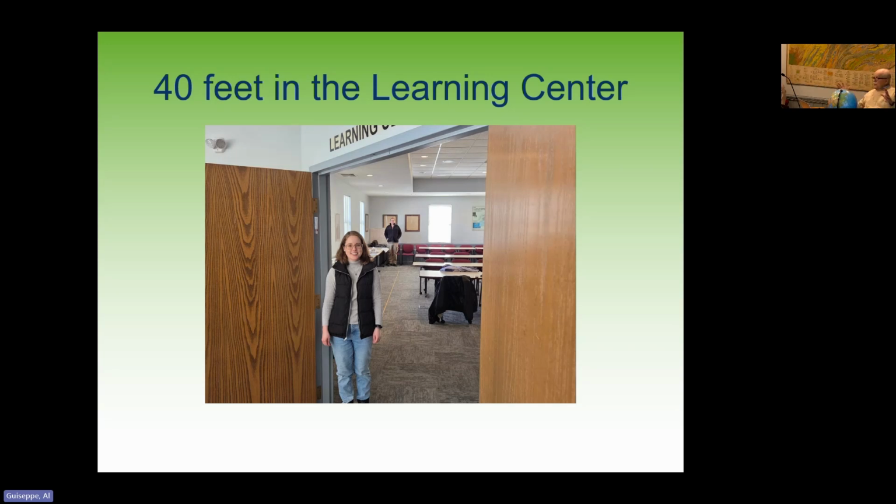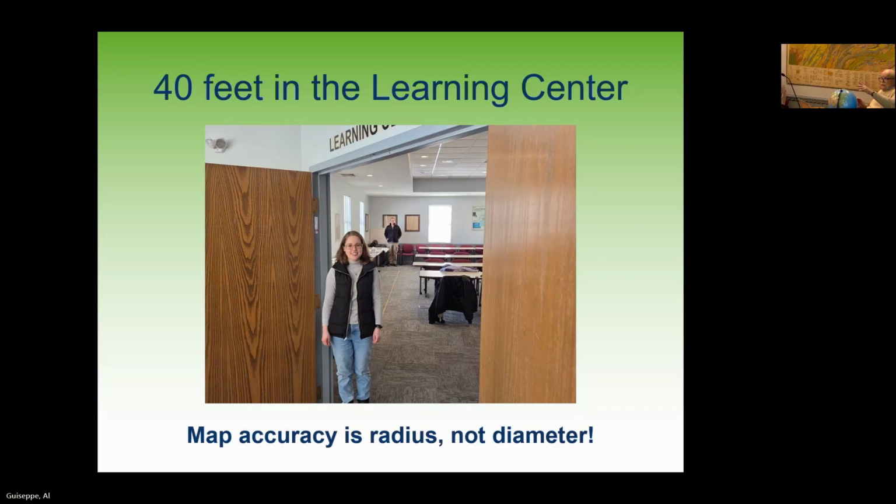One thing you have to remember about accuracy on the map is it's a radius, it's not a diameter. So the line or the point can be 40 feet this way, or 40 feet that way, an 80-foot diameter circle, and still be accurate.